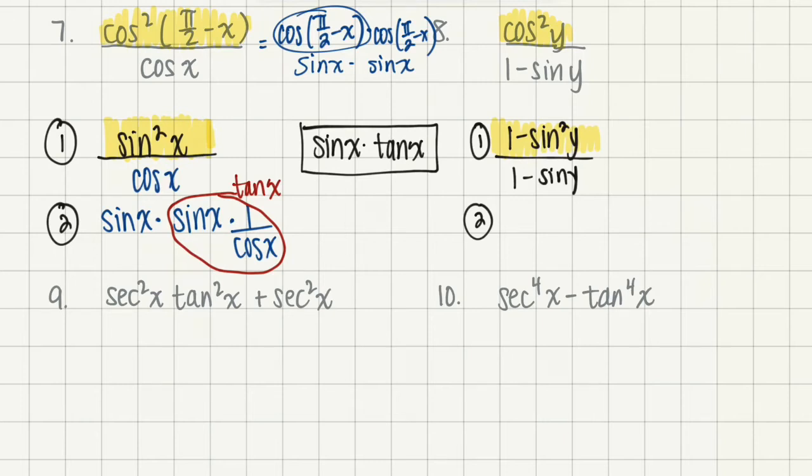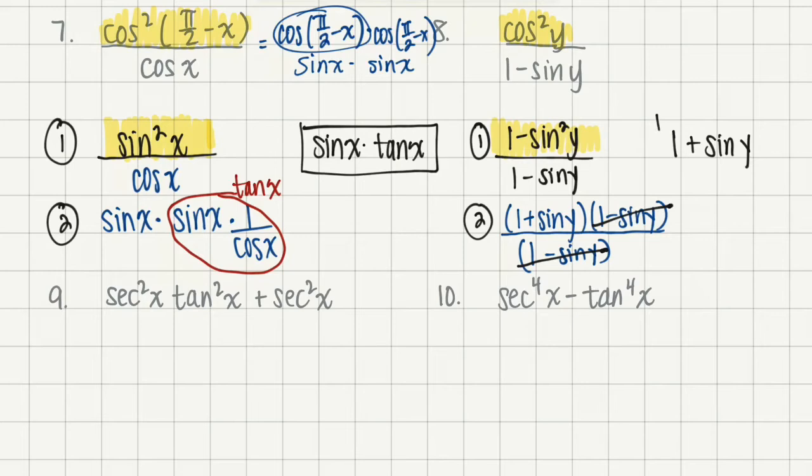So we have to go back to factoring. So 1 minus sine squared is 1 plus sine of y times 1 minus sine of y. We've got the difference of squares. And then look at that. We've got 1 minus sine canceling out with 1 minus sine, and our final answer is 1 plus the sine of y.